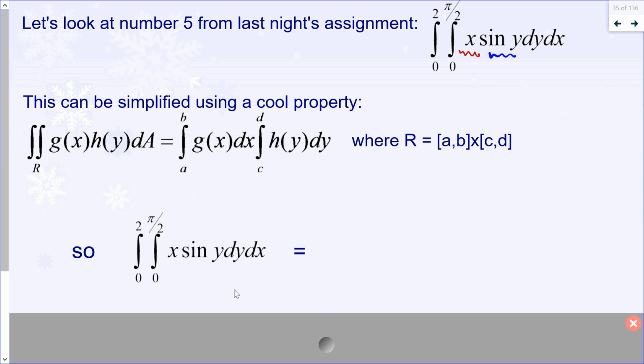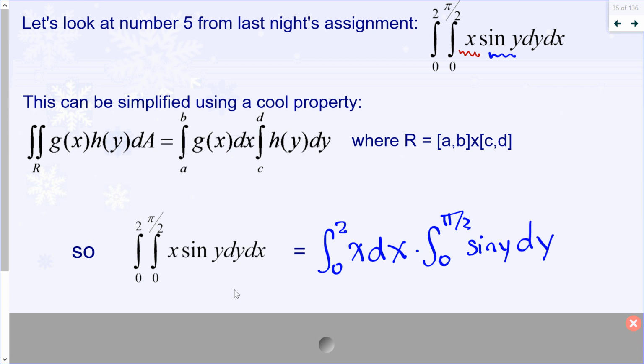So this, number 5 from last night, can be separated into the integral from 0 to 2 of x dx times the integral from 0 to pi halves of sine y dy.